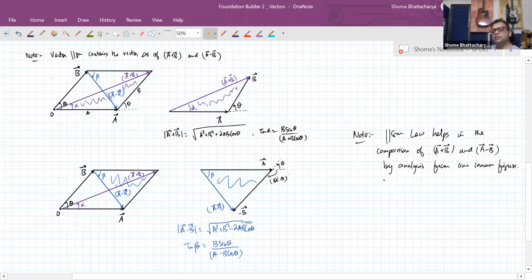Okay, and therefore special cases and theorems are easy to analyze. So this is basically a problem solving method.